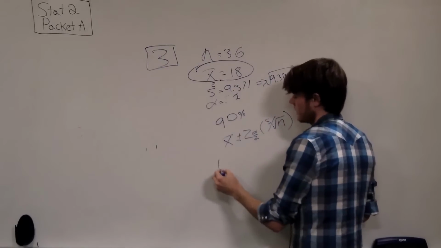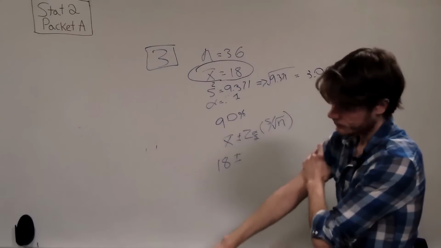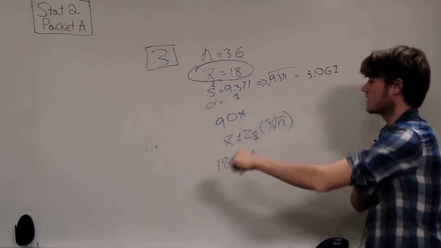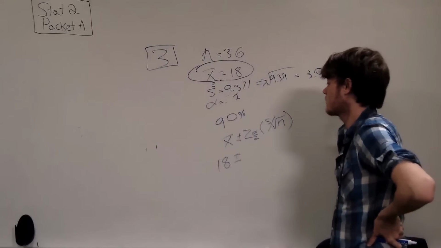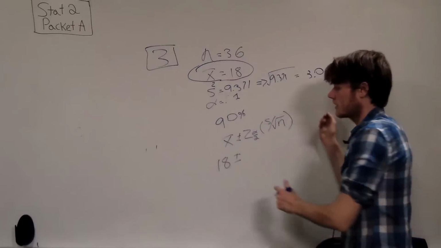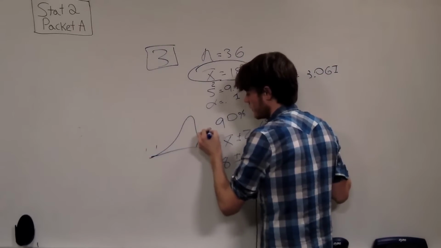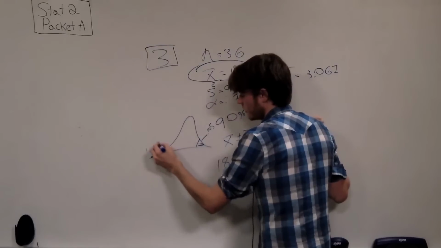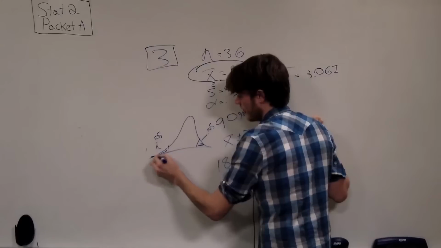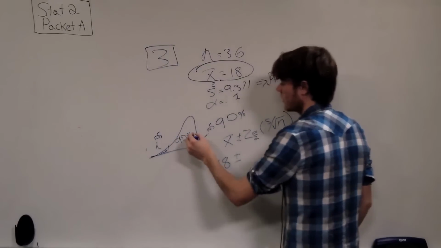Z alpha over 2 is associated with 0.05 in each tail, which leaves exactly 90% in the middle.